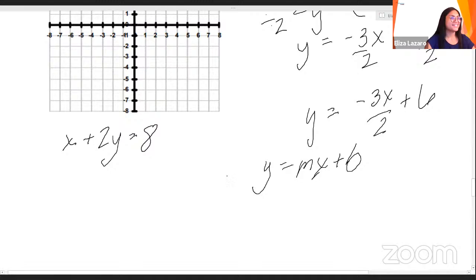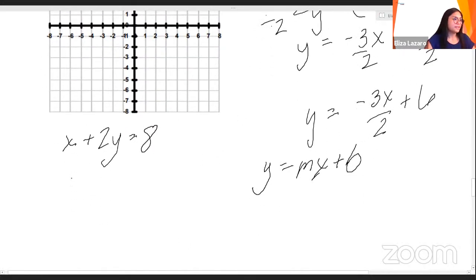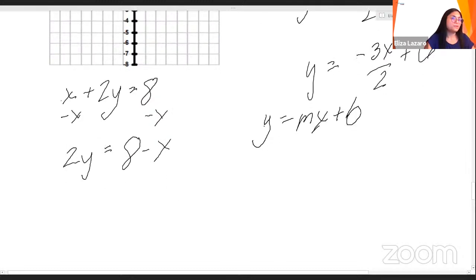To do that, we can't simplify, so we're going to subtract this x first from both sides. So now we're left with 2y on this side equals 8 minus x.